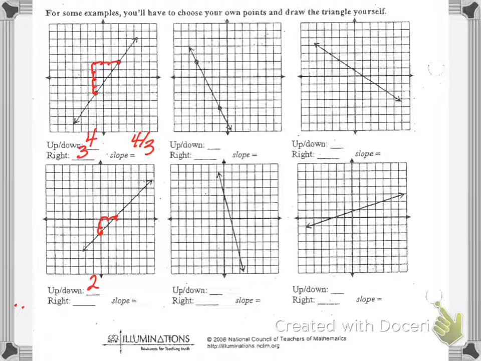Well, up 2 and over 2 gives us a slope of 2/2, which is the same as 1. So we know that we can go up 1, over 1, and be back on the line. Go ahead and finish these last few problems, and then you can get started on the next practice sheet.